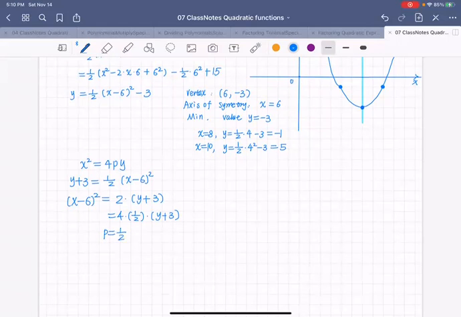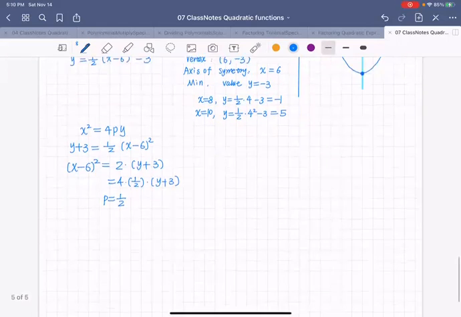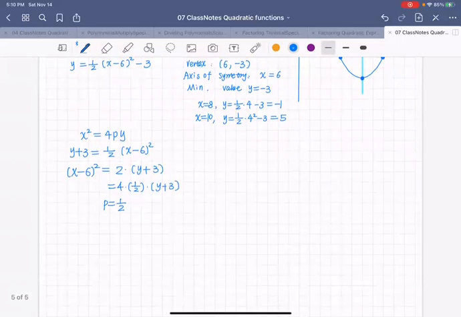Previously, if the center is at 0, 0, the focus is at 0, 1/2. But now, because it is not at the center, the 0 plus 6 is 6, and the vertex center is 0, negative 3.